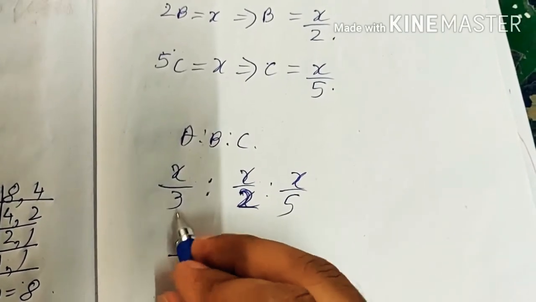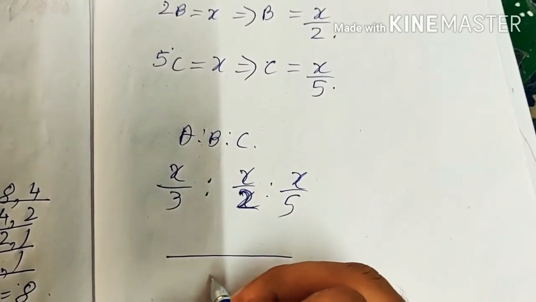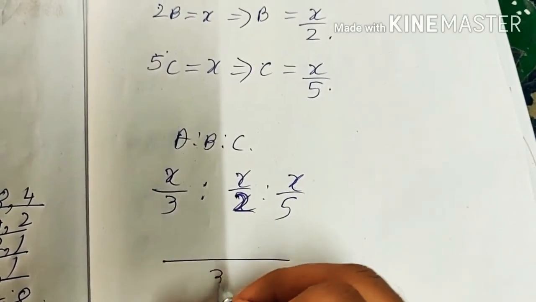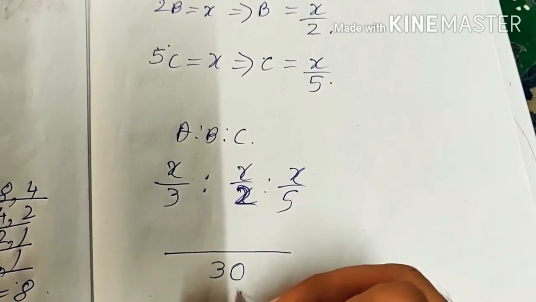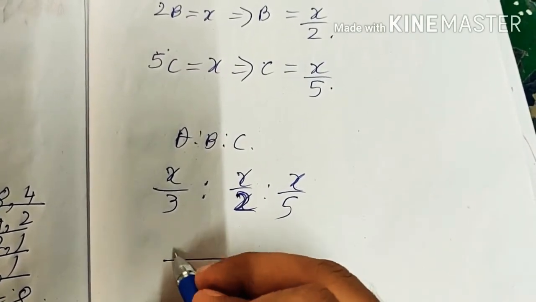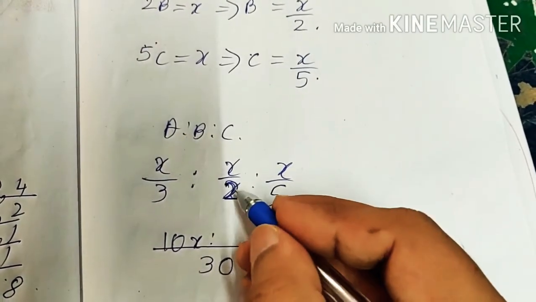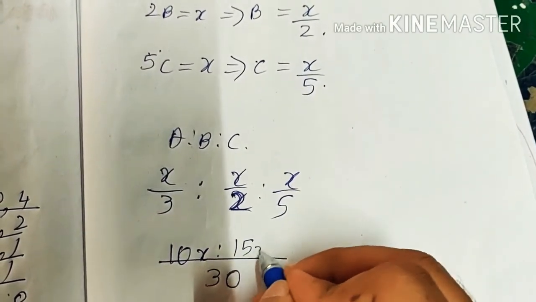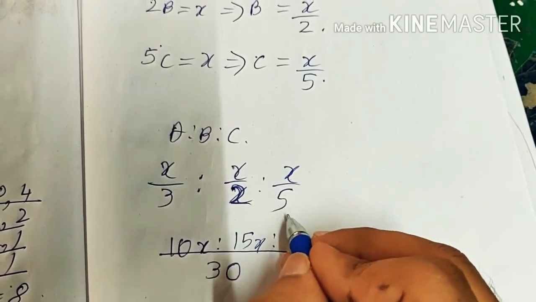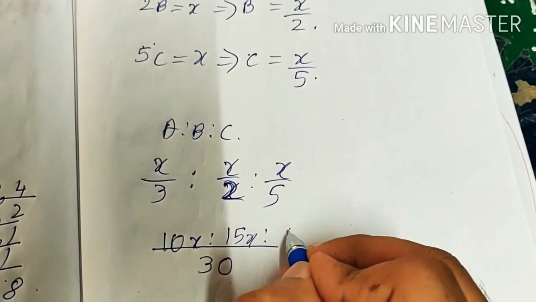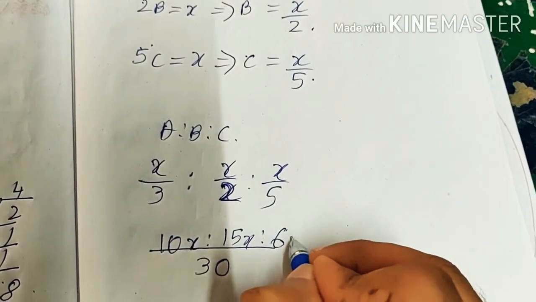You can just take the LCM here. 3, 2 and 5, the LCM here is 30. Okay, 30 is the LCM. 30 divided by 3 gives 10, so 10X is to here 15X is to this gives 6, 6X.